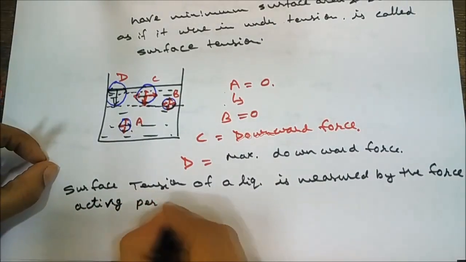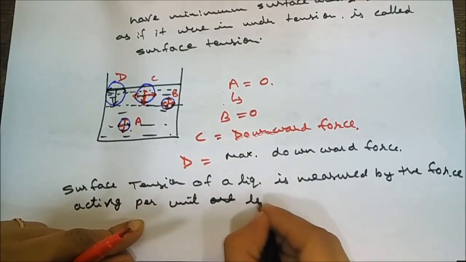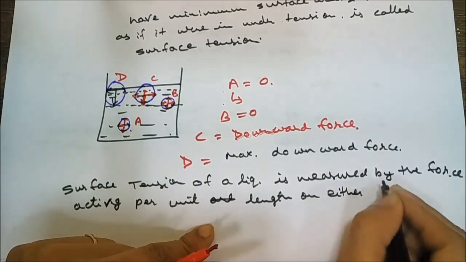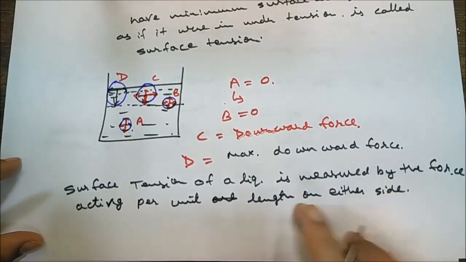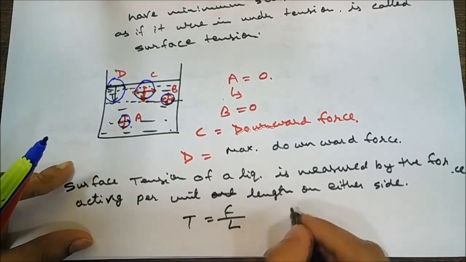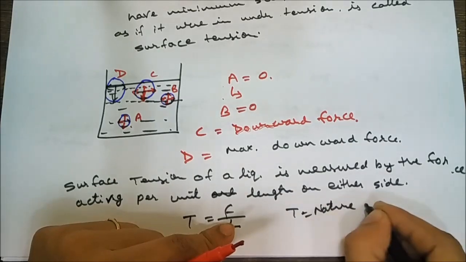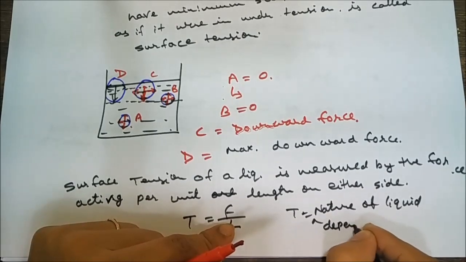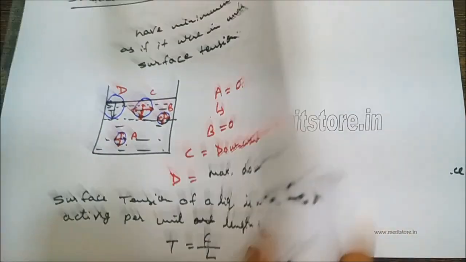Then T will be equal to F upon L. T depends on the nature of the liquid and is independent of the area of the surface.